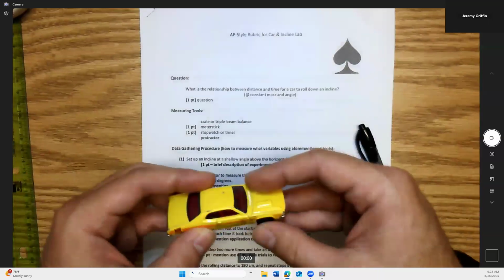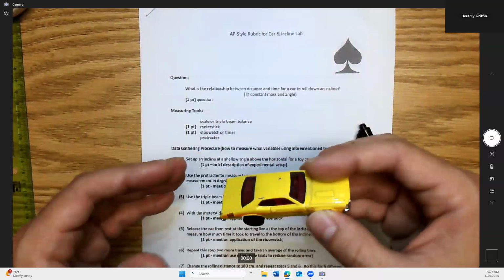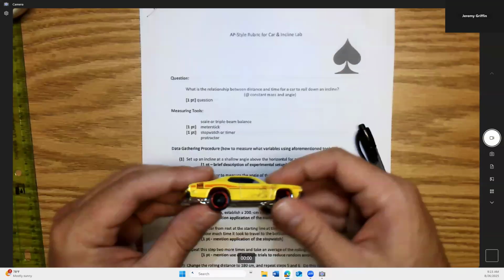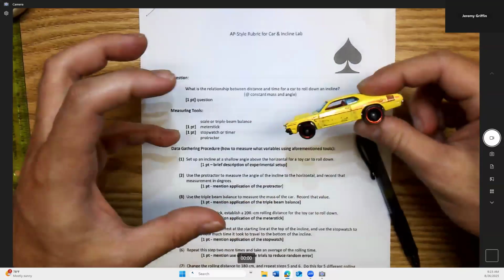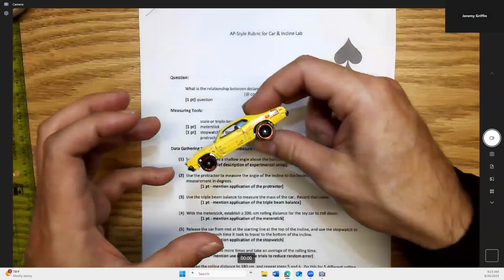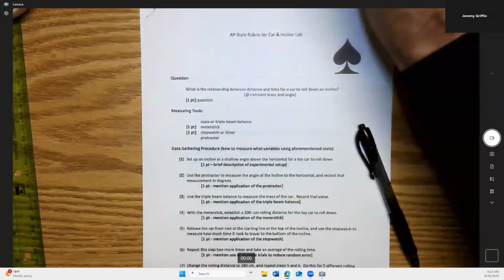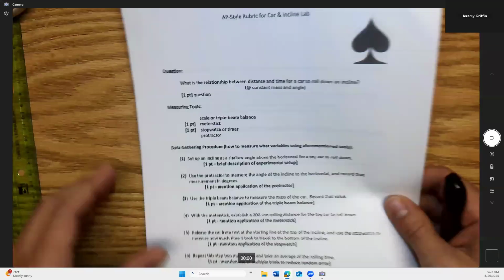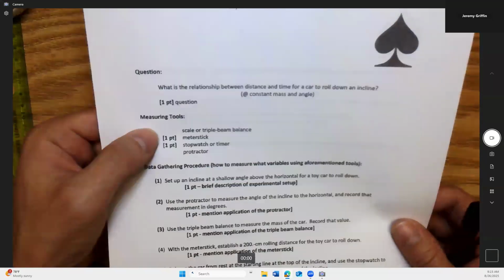AP graders would be totally confused, like, what's a speed gate? AP graders do know what a motion detector is. So if you mention the motion detector, remember that little boxy thing I said works like a bat with echolocation, if the car's headed straight towards it or straight away from it. I put those out, but they're kind of finicky. So we got the question, we got the measuring tools. You guys good so far?